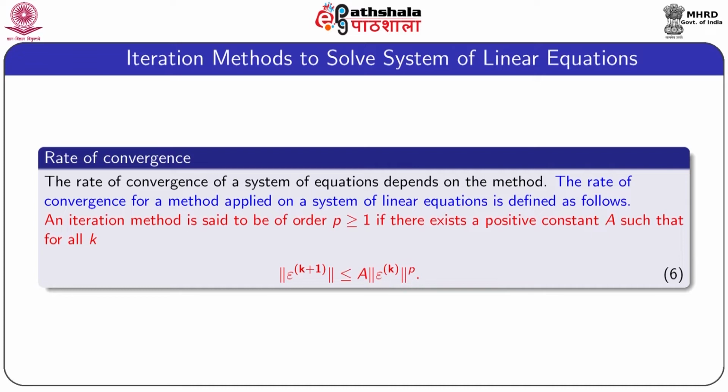An iteration method is said to be of order p, which should be greater than or equal to 1, if there exists a positive constant a such that for all k the norm of the error vector at the (k+1)th iteration, epsilon^(k+1), is less than or equal to the constant a times the norm of the error vector at the kth iteration raised to the power p. If p equal to 1, then we say that the rate of convergence of the method is linear. If p is 2, the rate of convergence is quadratic. If it is 3, the rate of convergence is cubic, and so on.